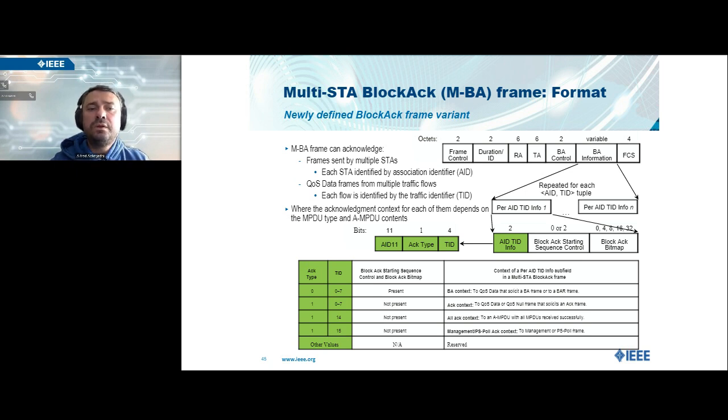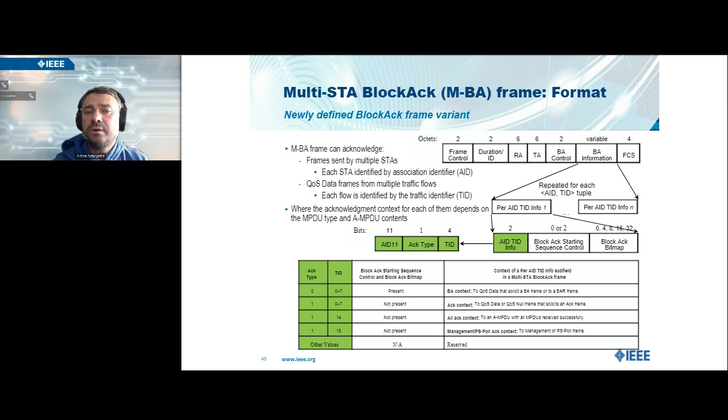To differentiate the different contexts of what you're acknowledging, we rely on these ACK type fields, and of course it also depends on the TID if it has any meaning. You can have a block ACK context, where you're acknowledging data that is soliciting a block ACK frame, so you're going to have a block ACK bitmap in that particular case. You're going to have the ACK context, which is essentially mimicking the ACK frame.